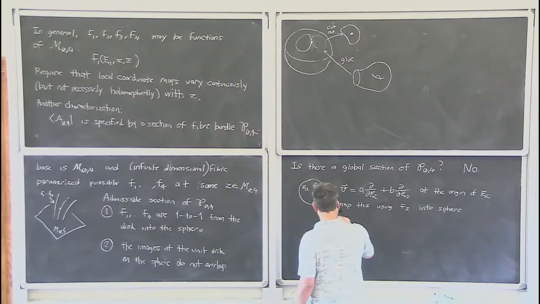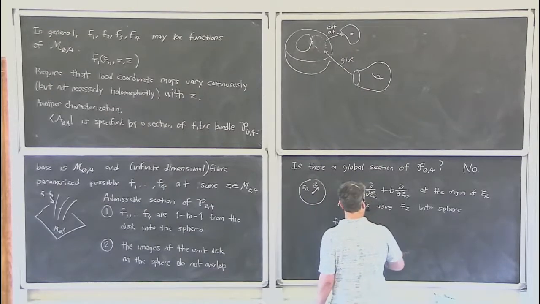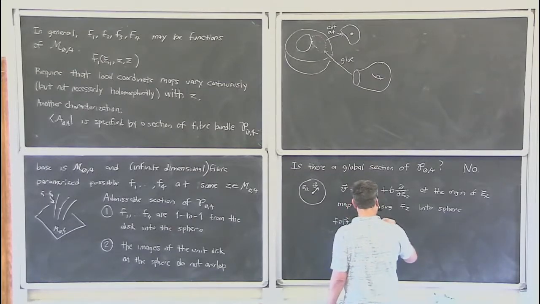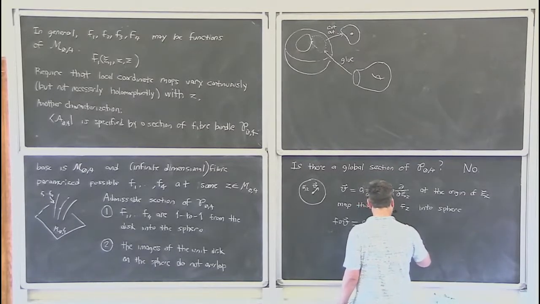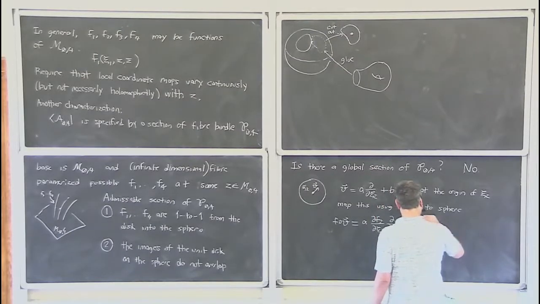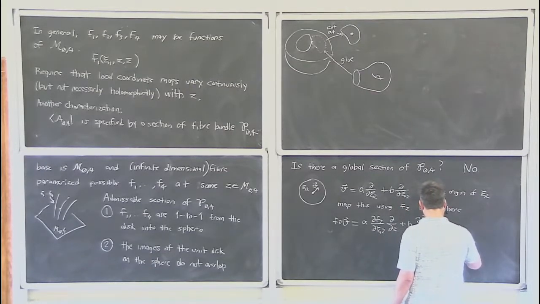So we can write this as F2 pushforward of V. This will give A times dF2 by d xi 2 d by dz plus B dF2 bar by d xi 2 bar d by dz bar.